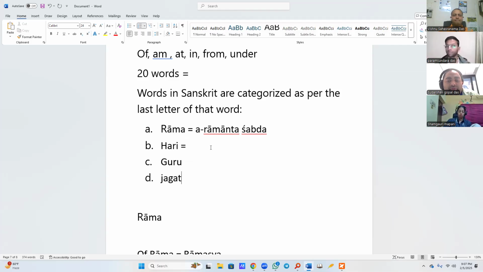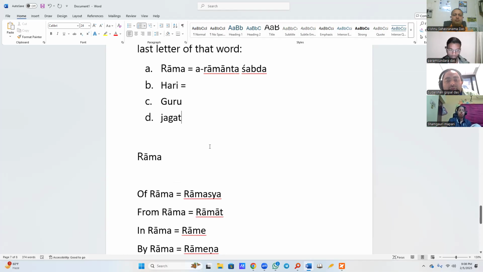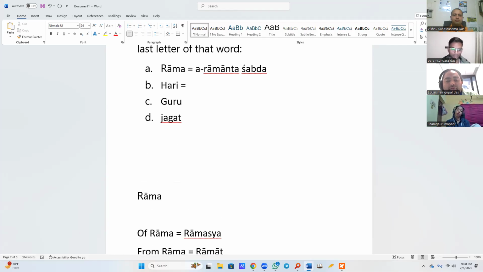And now all these different words are segregated according to different genders. 3 genders are there. So the second chapter is divided in this way. There are 3 categories. The first one is the Svaranta Shabda category.